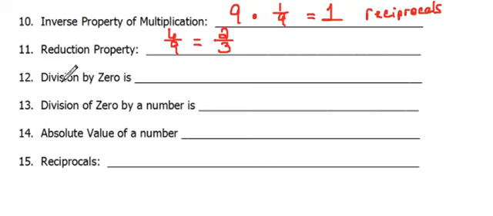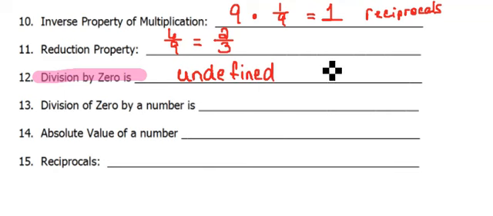All right, the next one is division by 0. Division by 0 is an incredibly important thing to remember. You should always know what division by 0 is. Let me highlight that. Division by 0 is always undefined.